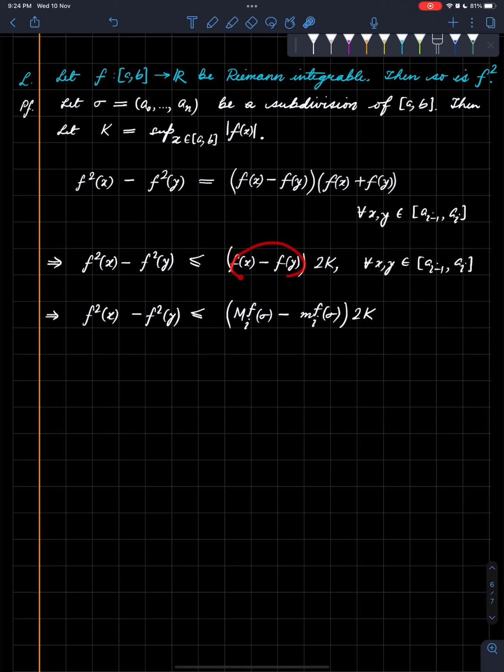So because this is at most that, this is all that I'm using. So again, this is true for all x, y in the ith part.